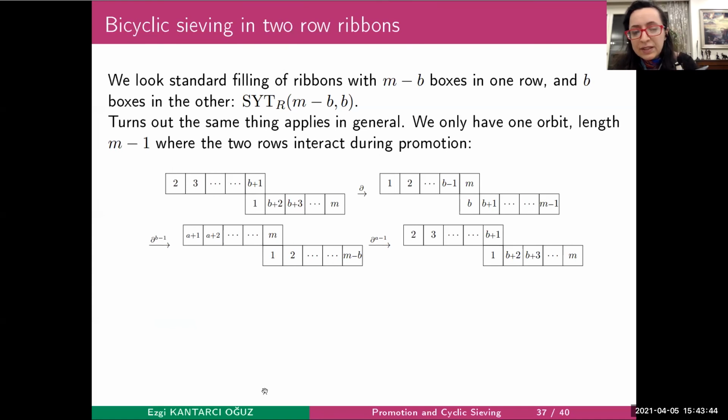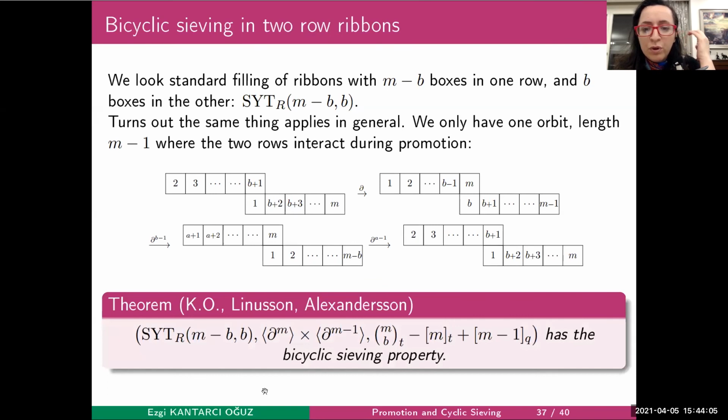And happily this generalizes, so it turns out if we have any 2-row ribbon, then there's going to be this one tableau where when we do promotion, the 2 rows interact. And for the others, the 2 rows will have promotion separately.